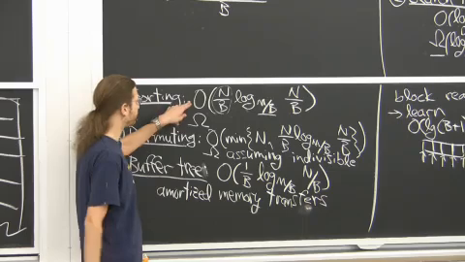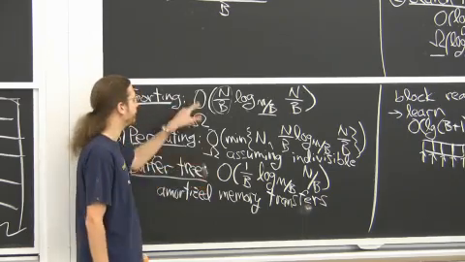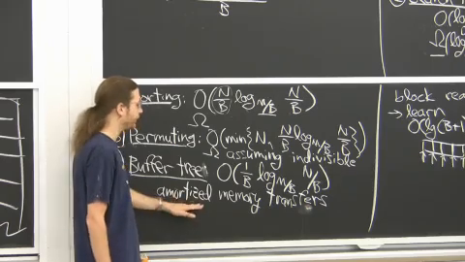So they achieve the sorting bound divided by n per operation. So this is optimal. I haven't told you what the operations are.